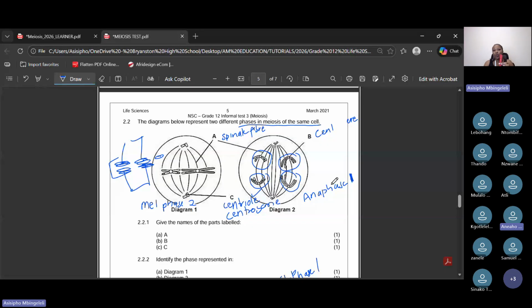Even if you use the word connects, just use the word joins. So the function of the spindle fibers is to pull the chromatids or chromosomes to opposite poles. That's a tick. Then the function of the centromere is to join or combine the chromatids.